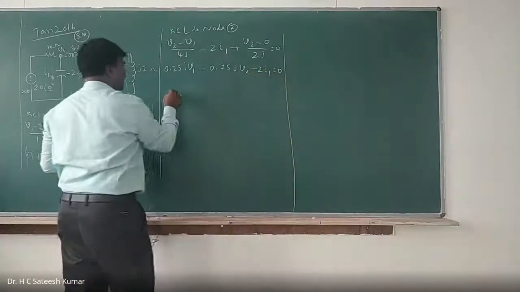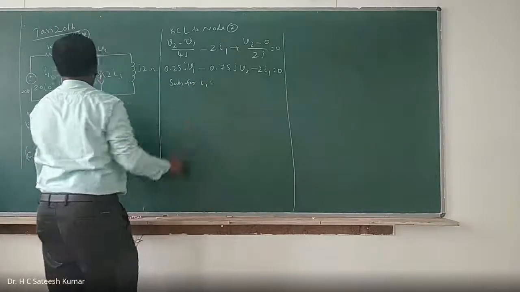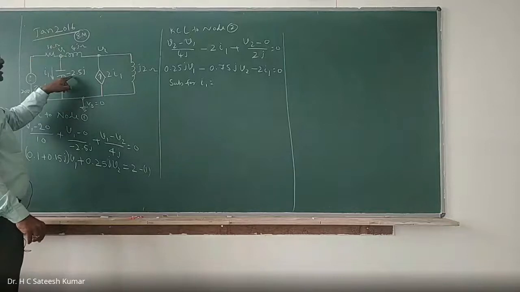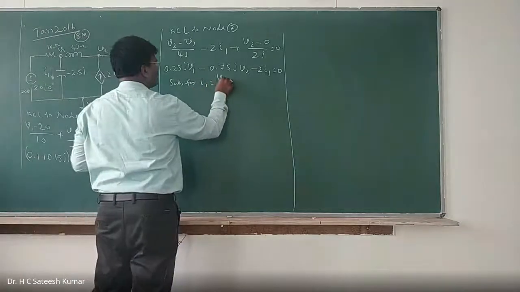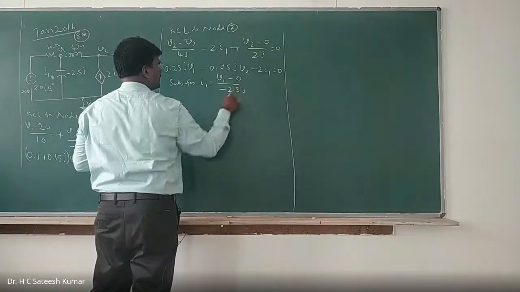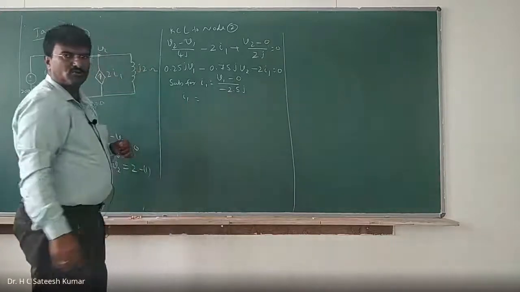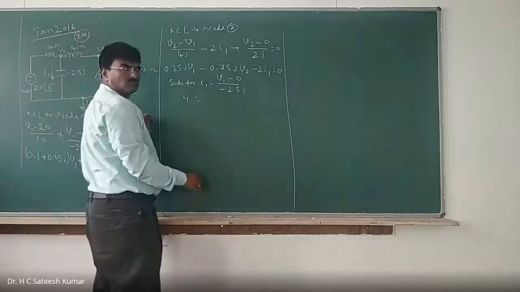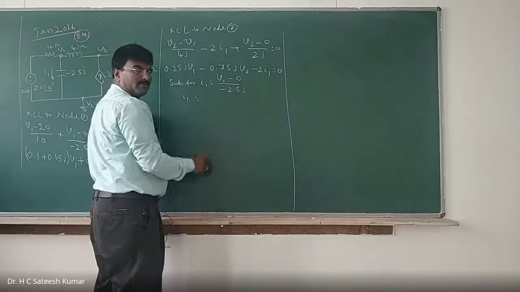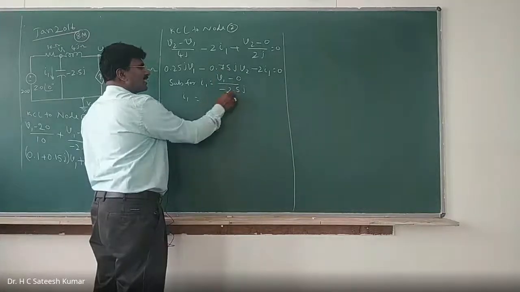Now you substitute for I1. I1 is nothing but this current, V1 minus 0 divided by minus 2.5j. 1 by 2.5 is 0.4, and when j goes to the numerator, minus j, minus of minus is plus j.